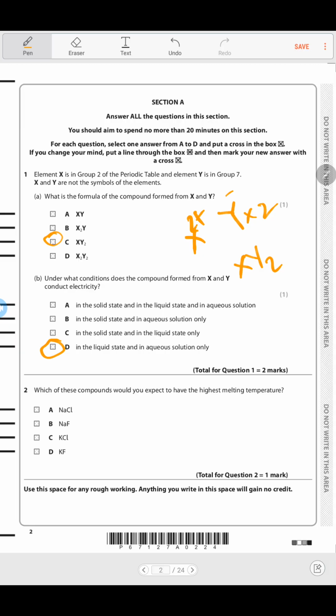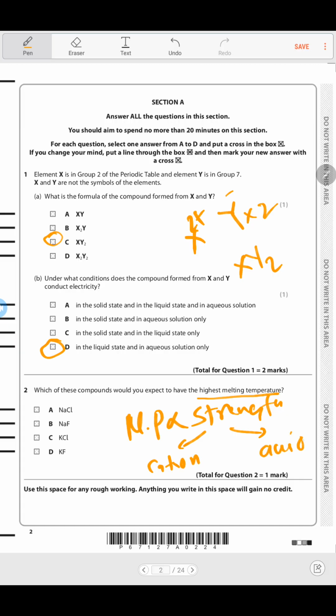Question number 2: which of these compounds would you expect to have the highest melting temperature? All of the compounds are ionic compounds. The strength of the ionic bonding determines the melting temperature. So always remember, melting point is directly proportional to the strength of ionic bonding. The strength of ionic bonding is determined by the cation and the anion.